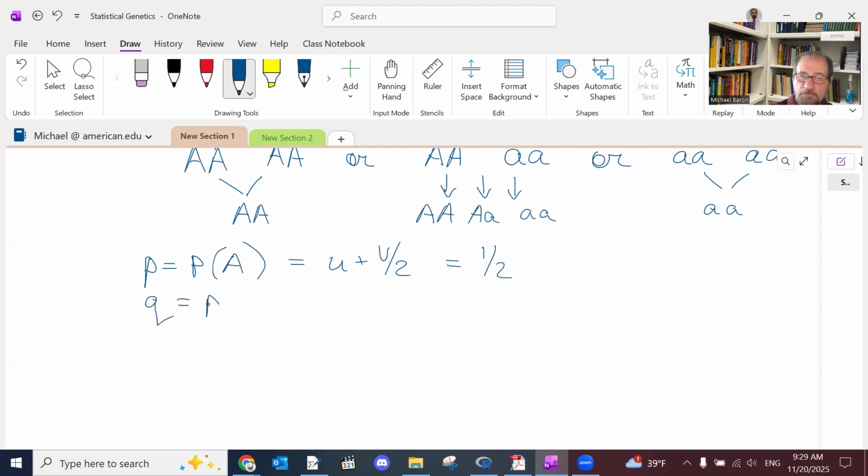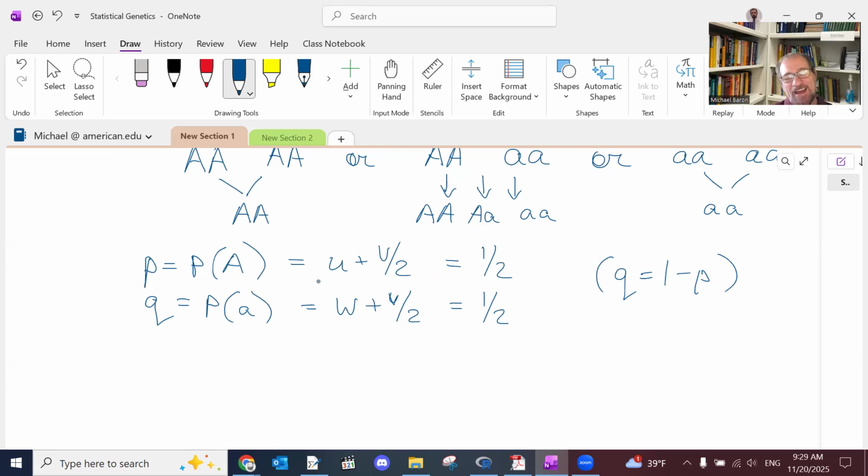And Q, the proportion of recessive genes, W plus V over 2, is also 1/2. Well, we knew that Q is 1 minus P, because there are no other forms of genes. There are only two alleles, and one is the complement of the other.